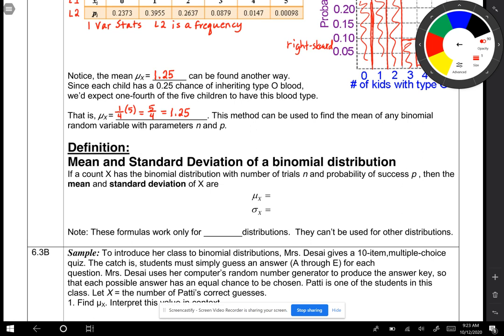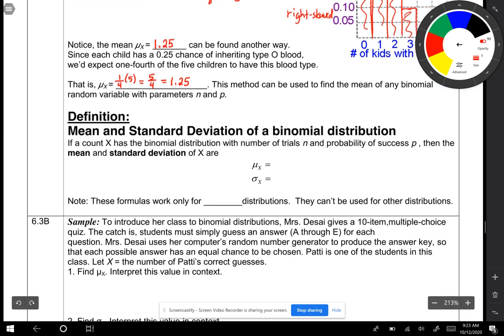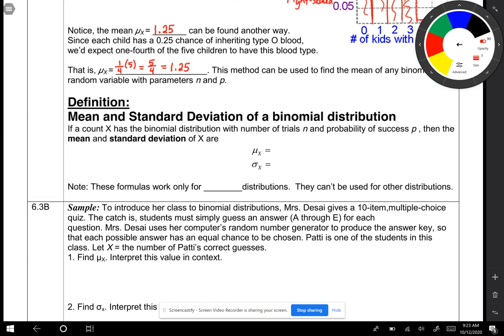As far as the mean and standard deviation formulas go, if a count X has the binomial distribution with number of trials n and probability of success p, then the mean of X is equal to n, the number of trials, times the probability of success.